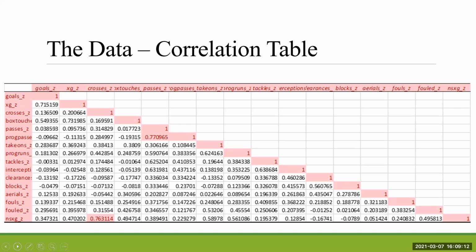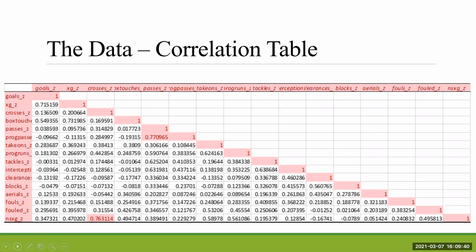Second, we see that prog passes and passes have a strong correlation as well. This should be expected because passes is just the number of passes a player makes. So if the number of prog passes increases, the number of passes is going to increase. So these two variables should not be included in the same model. All other variables seemed usable and did not seem too high.